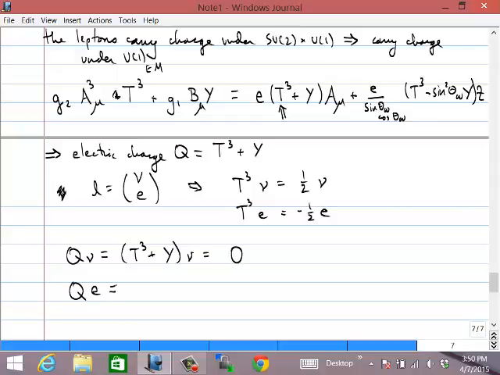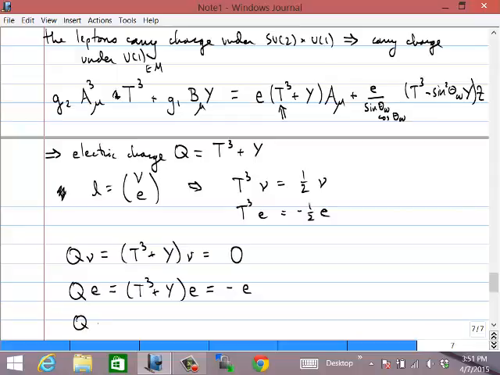Whereas on the electron field, you have T3 plus Y of the electron field, that's equal to minus 1 times e. T3 on e is minus 1/2 because it was the lower component of this SU2 doublet. So if you act on it with minus 1/2 times the third Pauli matrix, you get minus 1/2, and the lepton field had hypercharge minus 1/2.